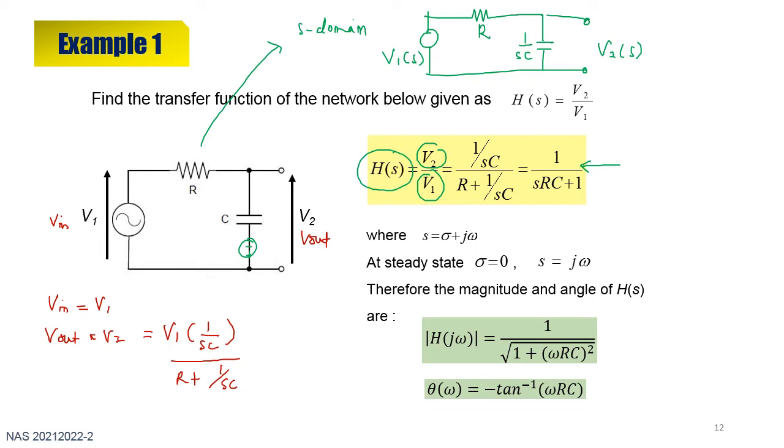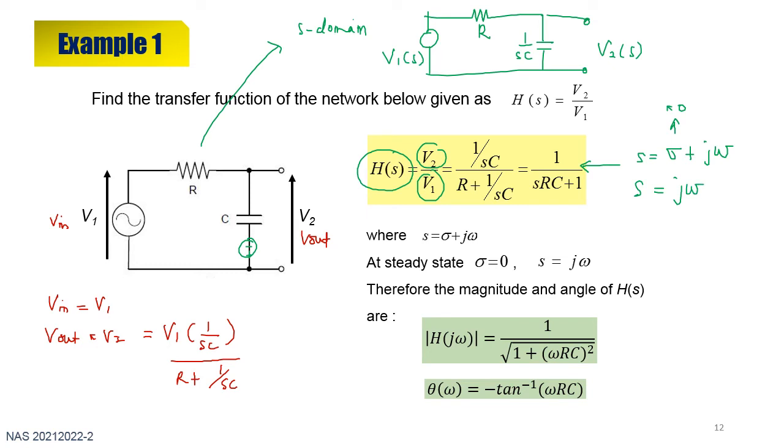In this case, S is also equal to sigma plus J omega. In steady state condition, sigma equals 0, so we can assume S equals J omega.